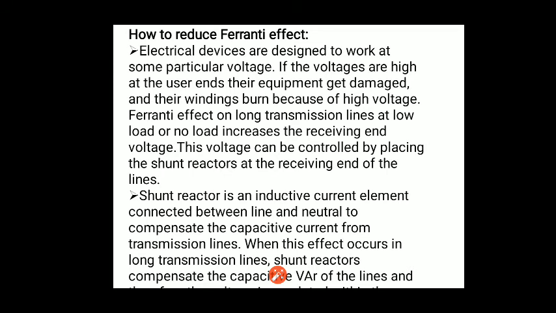A shunt reactor is an inductive current element connected between the line and the neutral to compensate the capacitive current from a transmission line. When this effect occurs on a long transmission line, shunt reactors, compensators and the capacitive VAR of the lines are used.